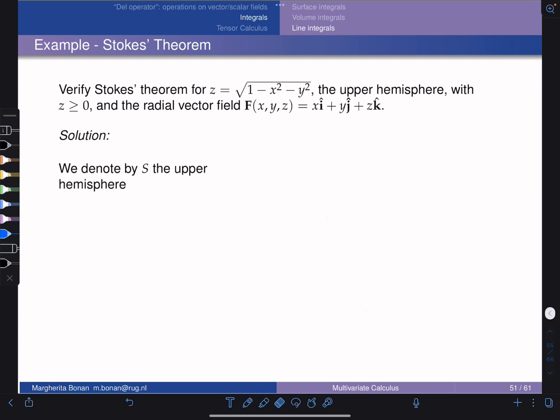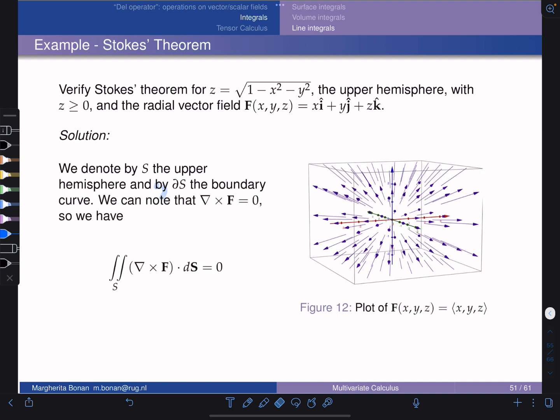So we denote S to be the upper hemisphere and partial of S being the boundary curve. Then we can note that in this case, our vector field is this vector field here in the image, and we can note that the curl of F is 0.